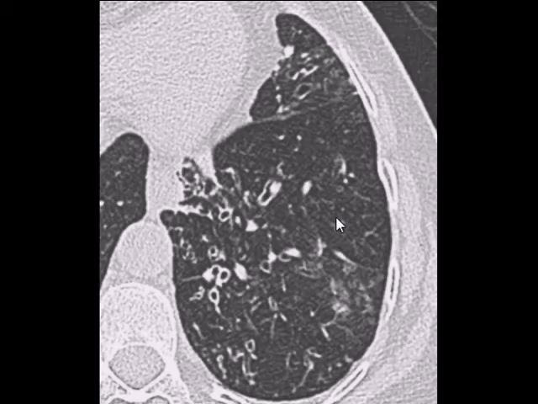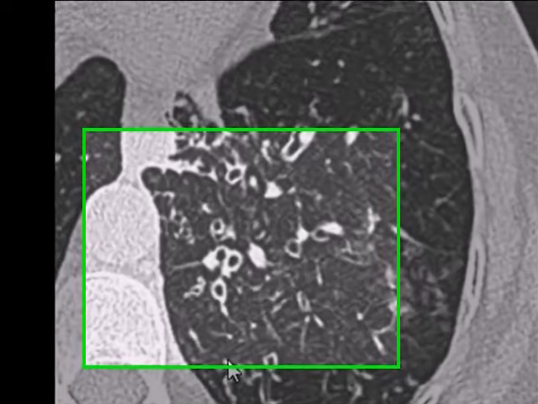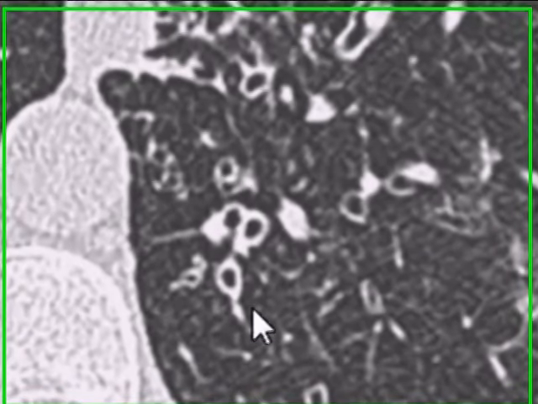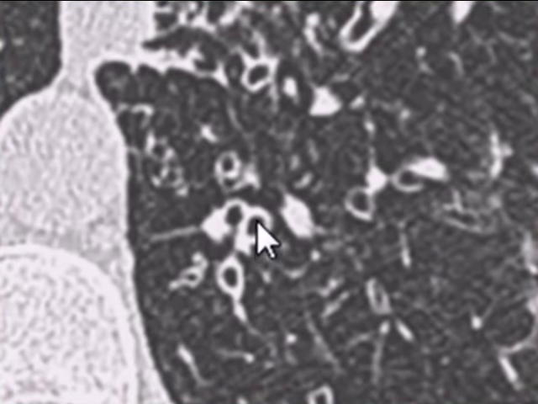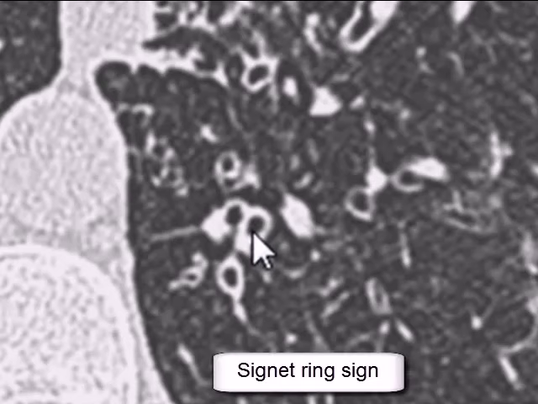Axial HRCT image, and HRCT would be suggestive of bronchiectasis if the internal diameter of a bronchus is visibly and significantly larger than the pulmonary artery branch in the same bronchovascular bundle. So this is the bronchus, and this is the pulmonary artery, much smaller than the internal diameter of the bronchus.